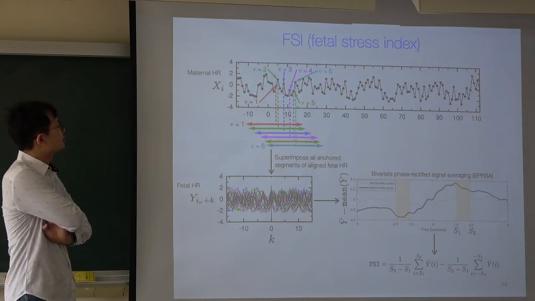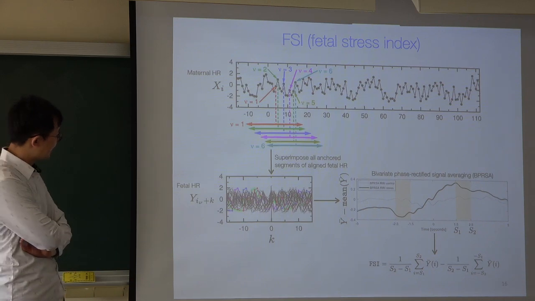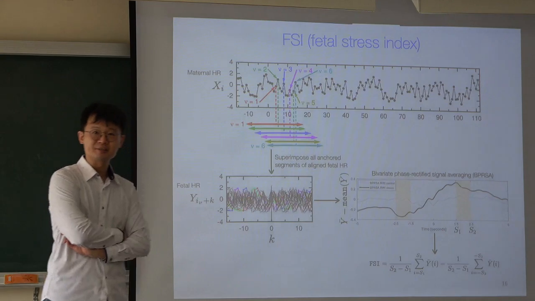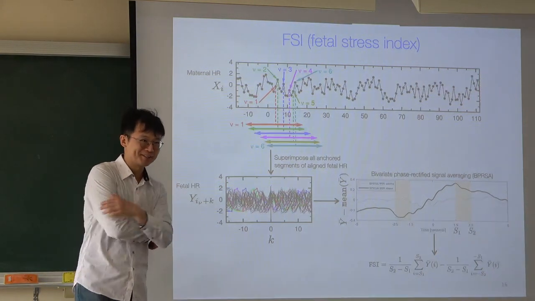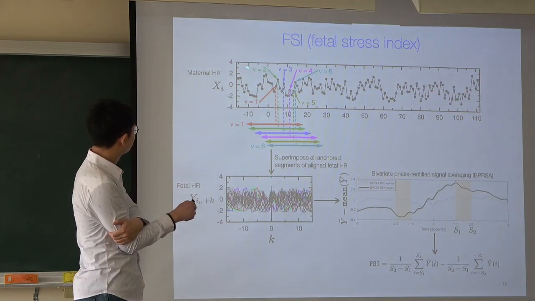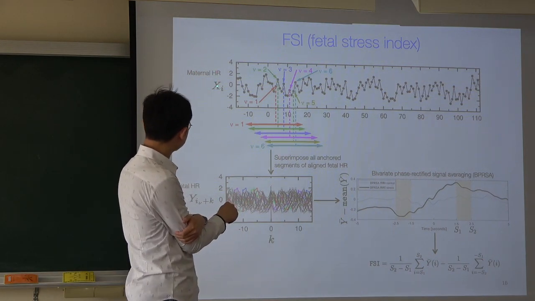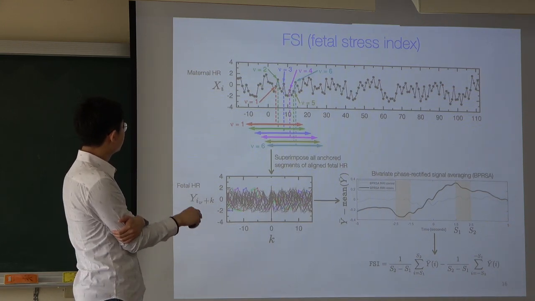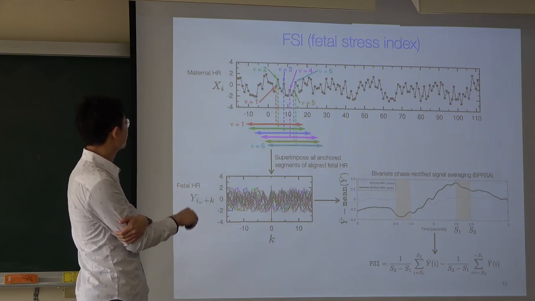And this fetal stress index, which is the heart rate variability index, is defined in the following way, which is very simple, but mathematically very interesting. And this is actually Juren's expertise, how to study this kind of random process. For example, I get this maternal heart rate, called X_i. You have a random process. And what you do is you try to find all segments with anchors.